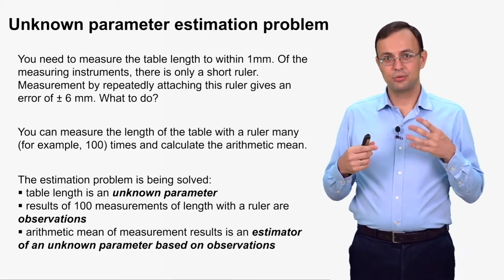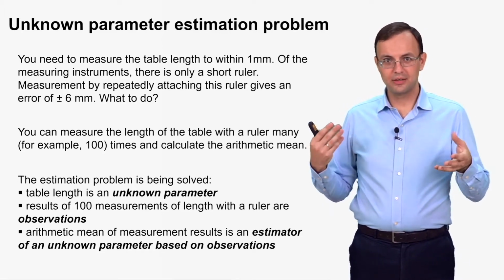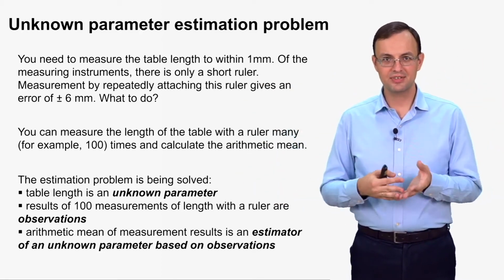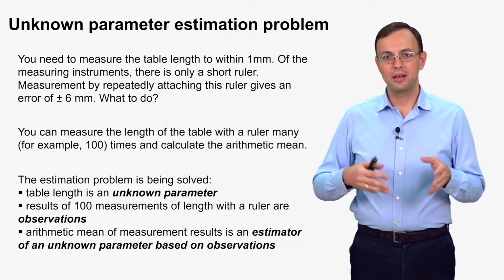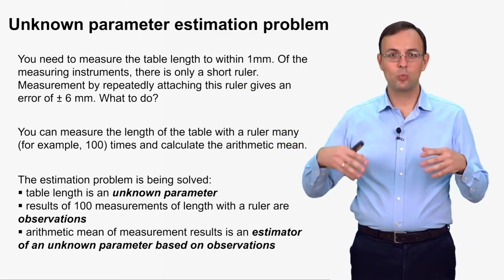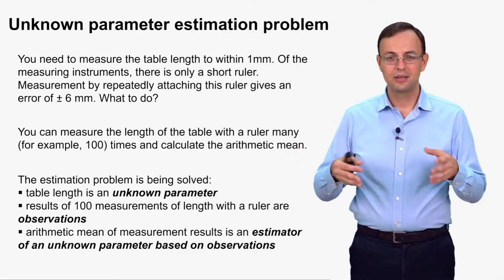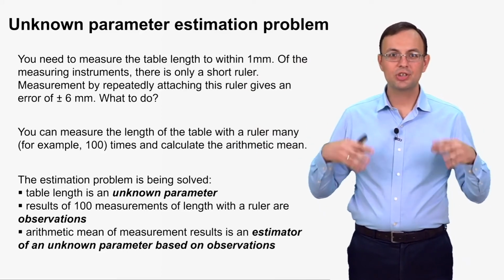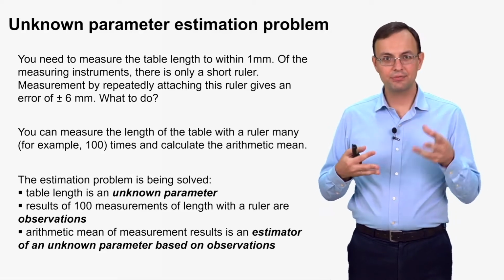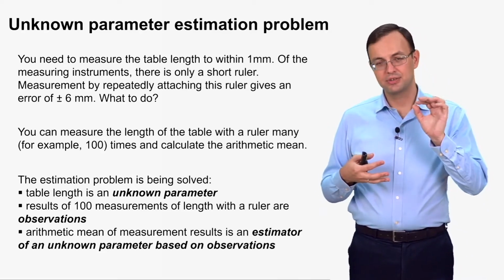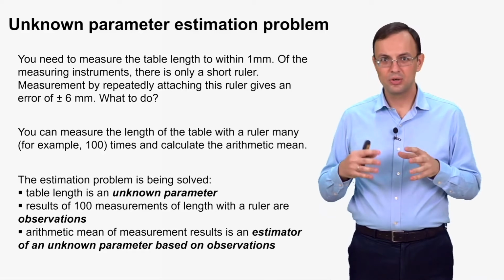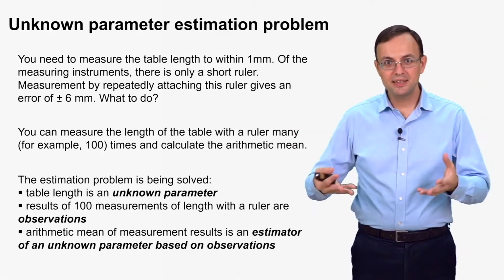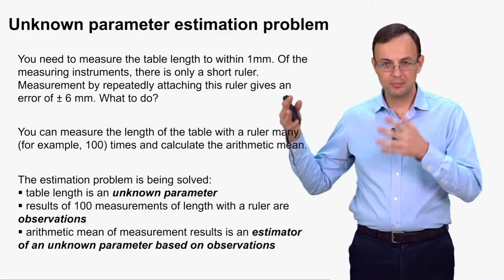And really, each time you repeat this big experiment, where the experiment is measuring this length 100 times and then calculating the arithmetic mean of measurements, you'll get different numbers, slightly different, but still different. This means that each time the experiment is repeated, we get a different numerical value.